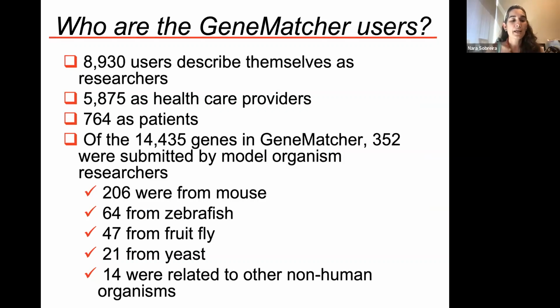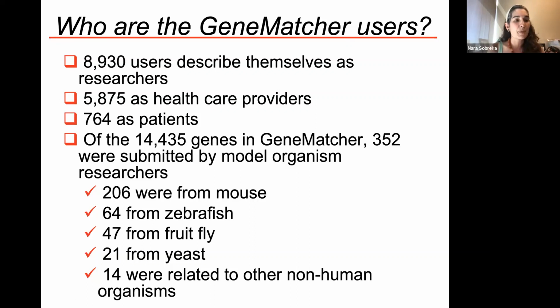And then the kind of researchers are they using? Are they working with human models, or are they using other model organisms? So we have here a breakdown of the genes. Of these 14,000 genes that we have in the database, 352 were submitted by model organism researchers. 206 of these genes are from mouse model, 64 from zebrafish, 47 from fruit fly, 21 from yeast, and 14 from other non-human organisms.